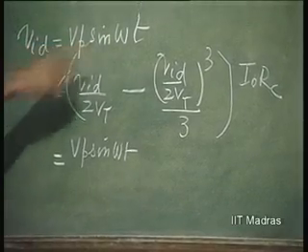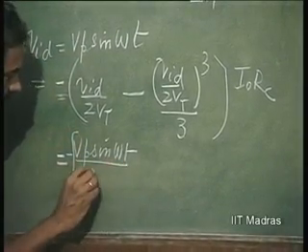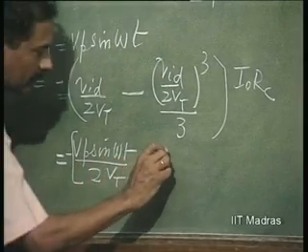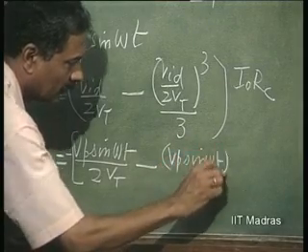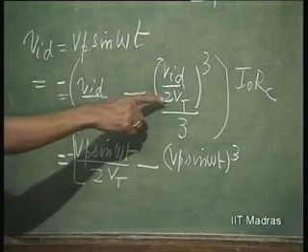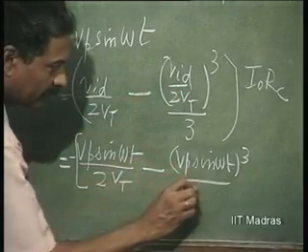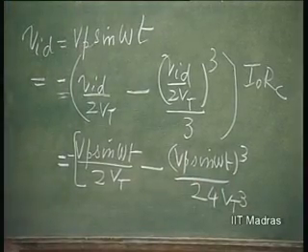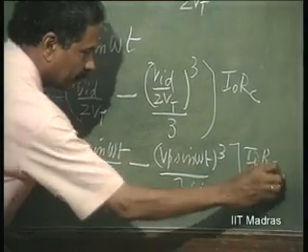If Vid is Vp sin omega t, this is going to be minus Vp sin omega t divided by 2Vt minus Vp sin omega t whole cubed, that is Vid. This will be 8 Vt cubed, therefore, this will be 24 Vt cubed. This into I naught Rc.